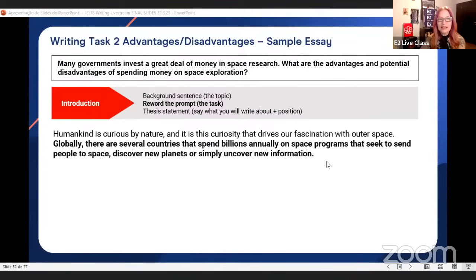So here we go. The next sentence, we're going to reword the prompt. I can see already some students sending in some writings. That's wonderful. I love to see a nice active chat box. So globally, there are several countries that spend billions annually on space programs. So a little bit of paraphrasing there, instead of space.